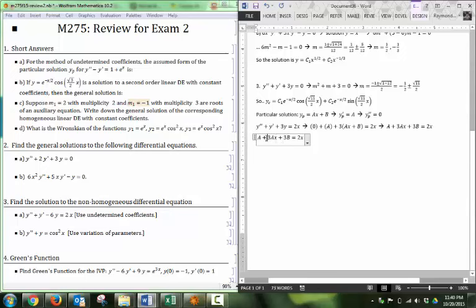So if we just move things around and then match this up, the 3a is going to equal 2. So 3a equals 2, and that means a is going to be equal to 2/3.